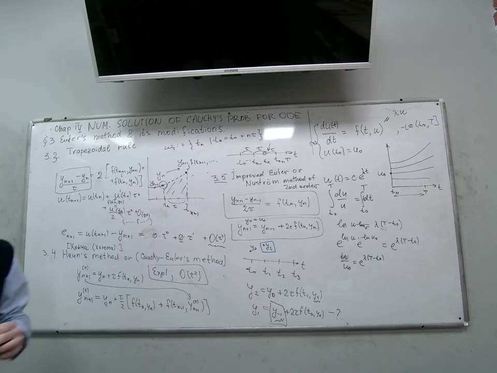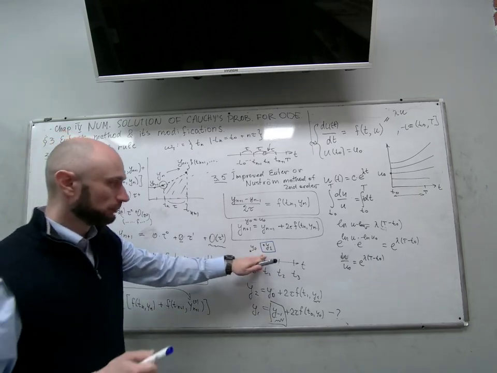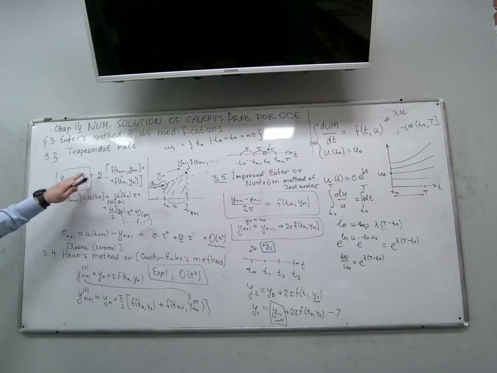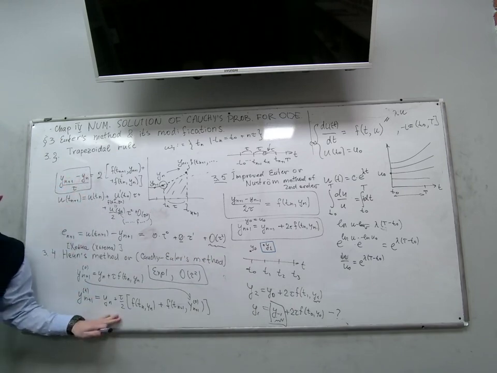For example, we can use Heun's method, right? Because Heun's method is a one-step method. It uses only the previous value of yn. It doesn't go beyond yn into the history.